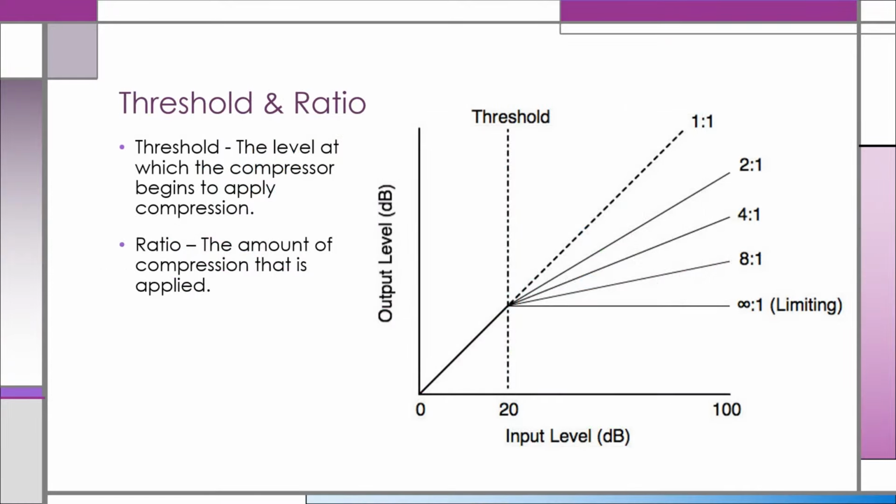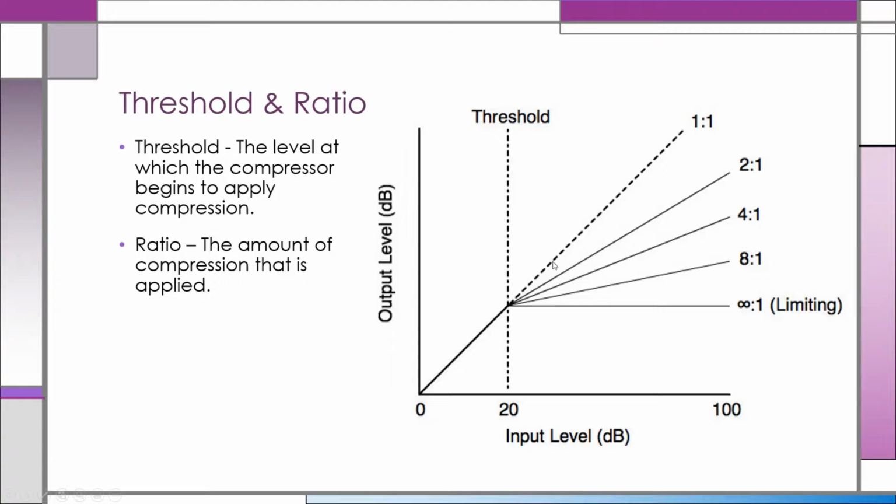So first off, we have threshold and ratio. In our previous example, everything above negative 15 decibels was having compression applied to it. So the threshold is where we're going to begin to apply compression. Things above this line will have compression applied to them. And the ratio is how much compression is going to be applied.